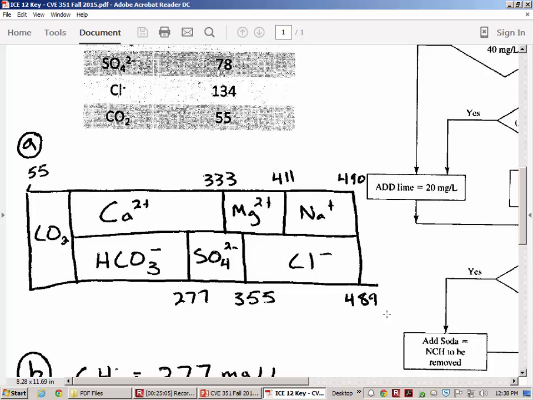Why don't I continue beyond 411? Because sodium, Na, is monovalent. It's not polyvalent. And so however much sodium there is does not contribute to the hardness. So our total hardness is the sum of the calcium and the magnesium.